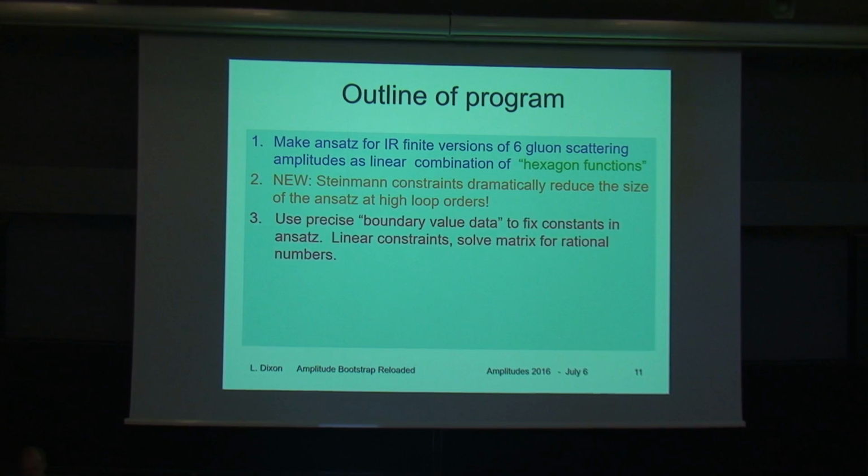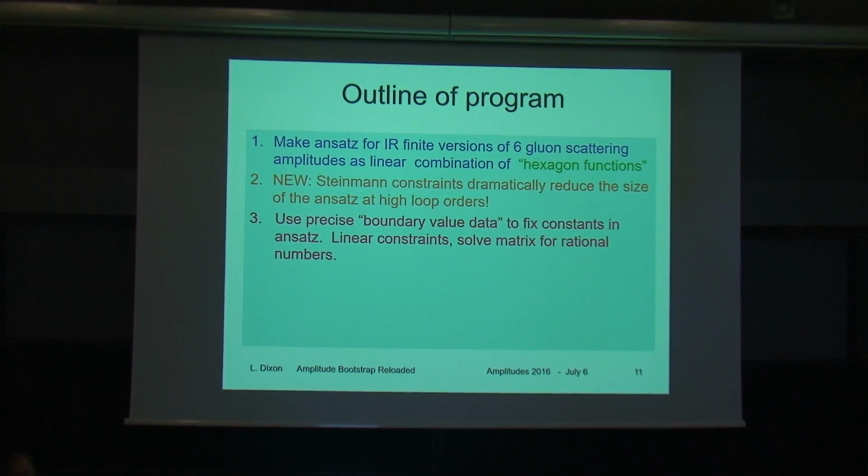Once we have constructed an ansatz that obeys these general conditions and some certain global conditions we know, then we want to use some boundary value data, or how the answer behaves in various limits, in order to fix remaining constants. And we'll see that we need amazingly little, let's call it sophisticated information to do this, once we fall into a subspace that satisfies the Steinmann constraints.